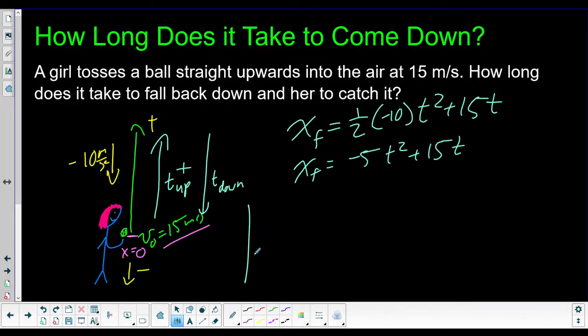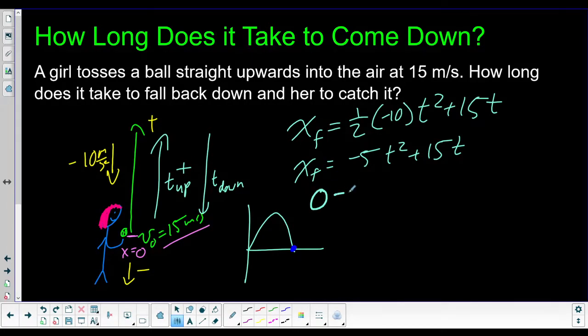Meaning, if we're looking at our position time graph, which is this really nice looking parabola, we're looking for this root right here, the 0 for the parabola, where it intersects the x-axis. So our position would be 0, right? So we're going to set this equal to 0.